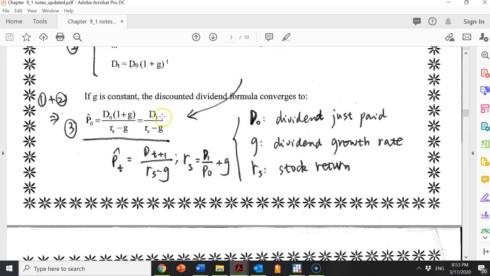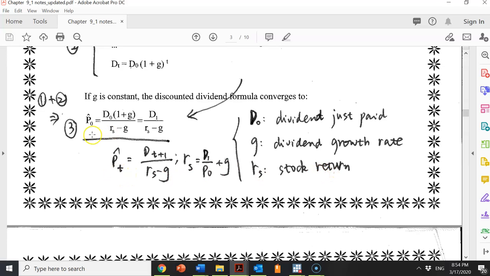You only get dividends D1, D2, D3, and all the future dividends after you purchase the stock at time 0, but not D0 anymore. g is the constant dividend growth rate. Rs is the stock return.